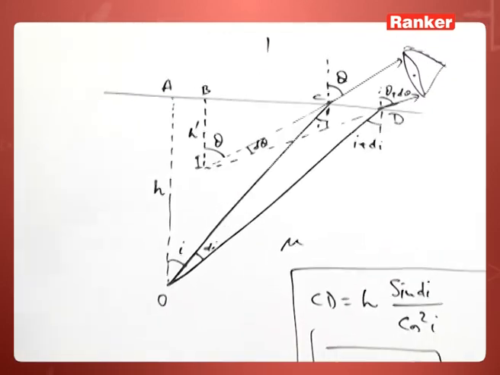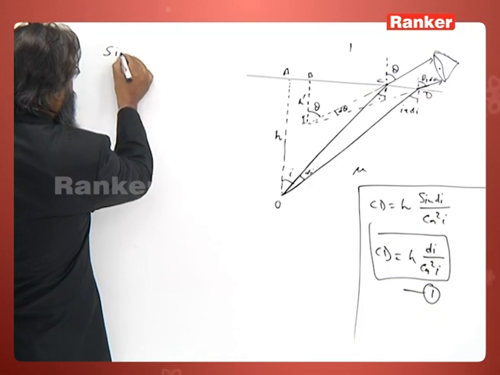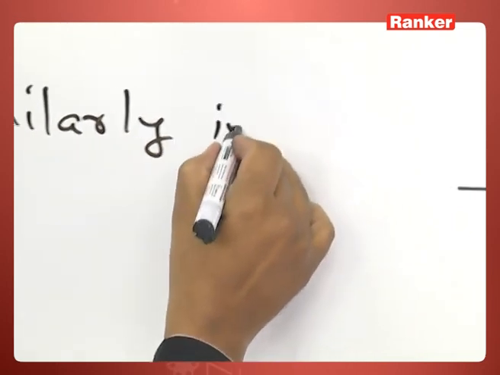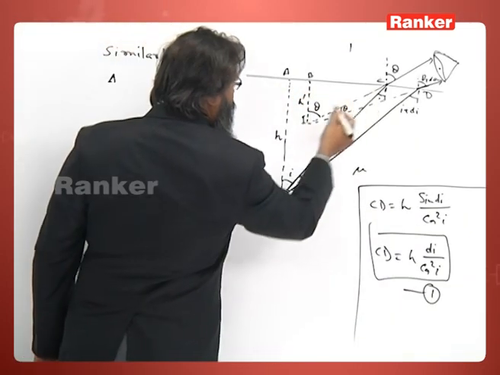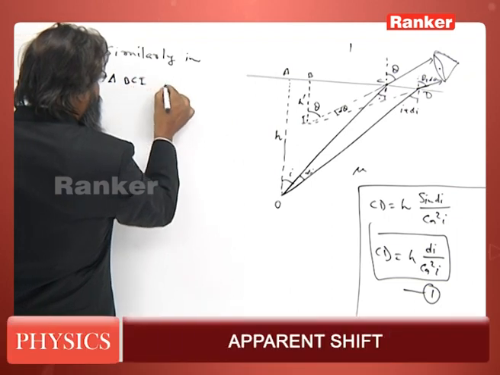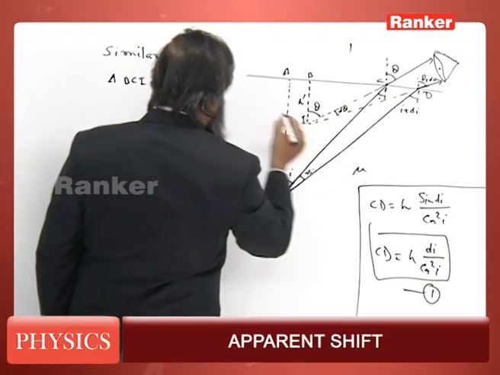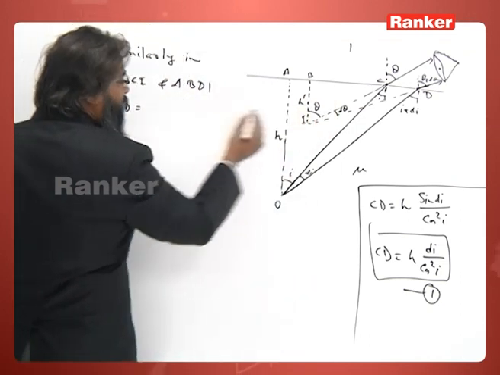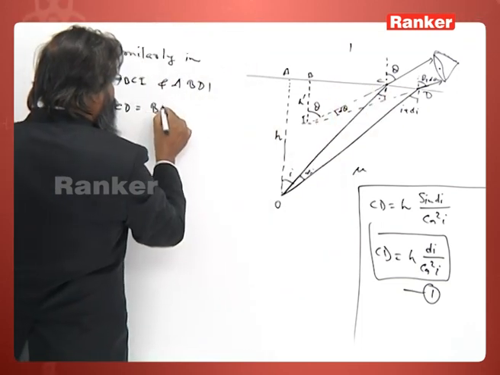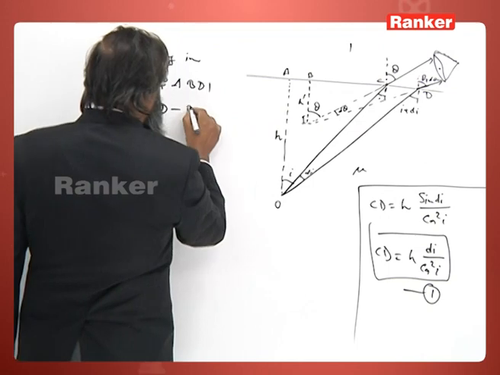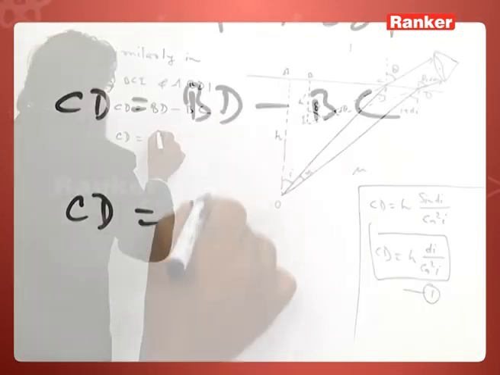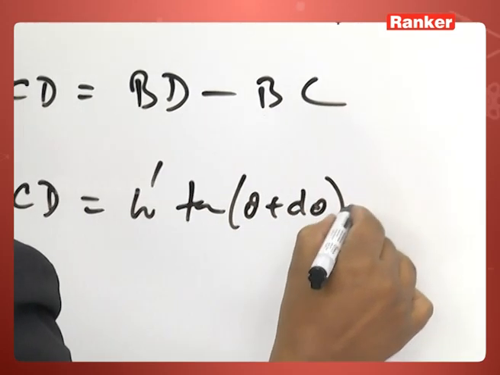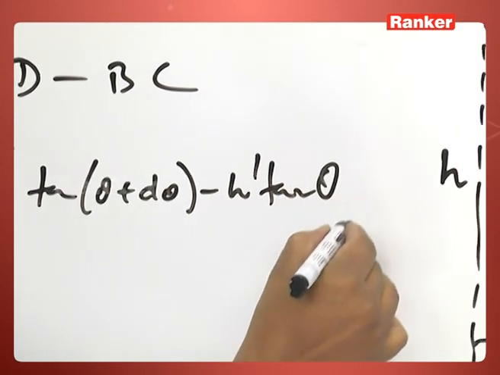Please note this. Now similarly, in triangle BCI and triangle BDI, CD can be written as BD minus BC. CD will be written as H dash tan(theta plus d theta) minus H dash tan theta.